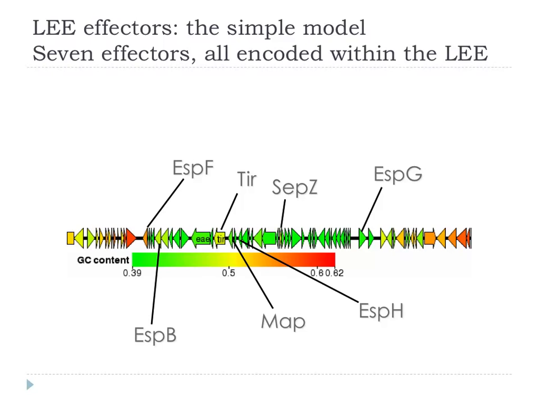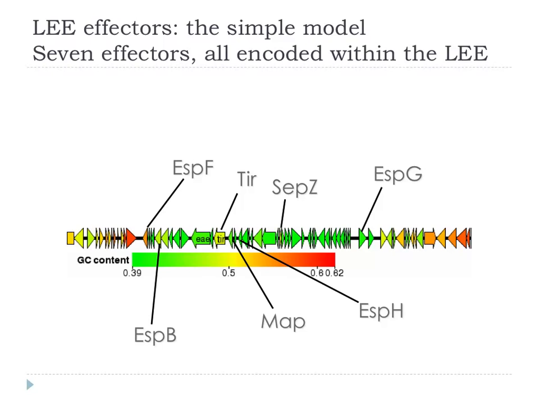So if we look at the simple model that we had maybe 7 or 8 years ago, we had this idea that here was the LEE. It encoded all of the proteins needed to make the secretion apparatus, the translocation apparatus, and so on. And it also encoded 7 effectors. It was thought, well, that's it, that's what it does. Those 7 effectors, it's a self-contained system.